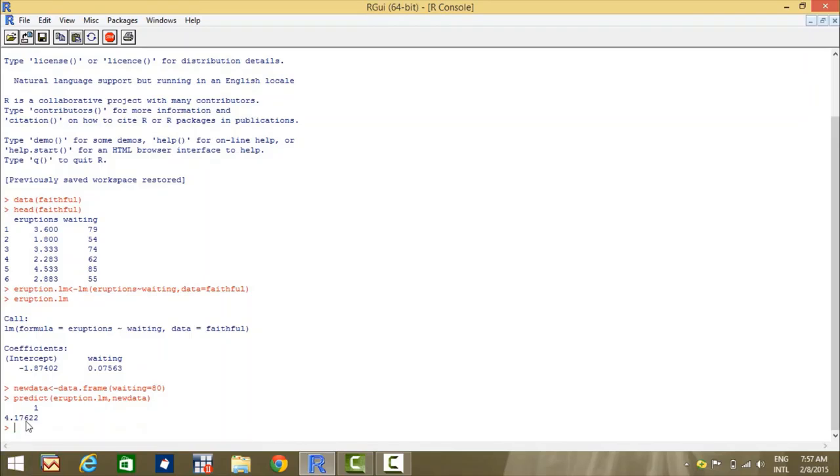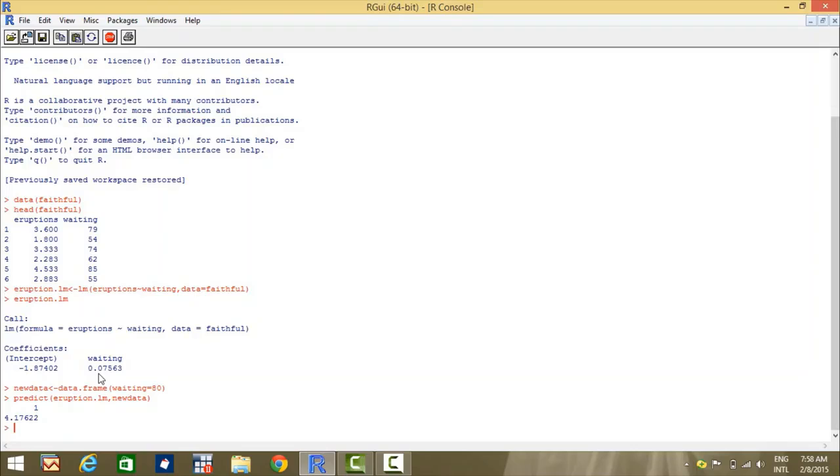That gives me the value 4.17. That means when the value of waiting is equal to 80, the predicted value of the eruptions is 4.17. This is inferred from the fitted linear regression model with the coefficients being minus 1.8 and 0.07 respectively.